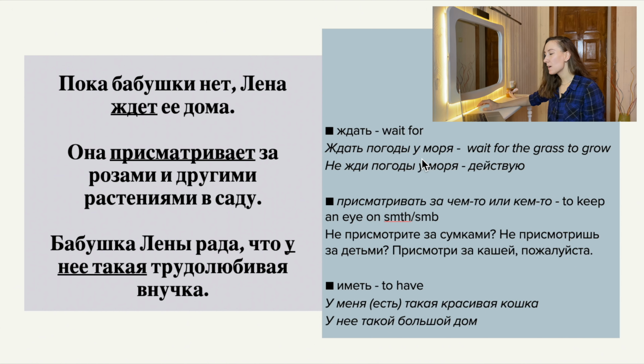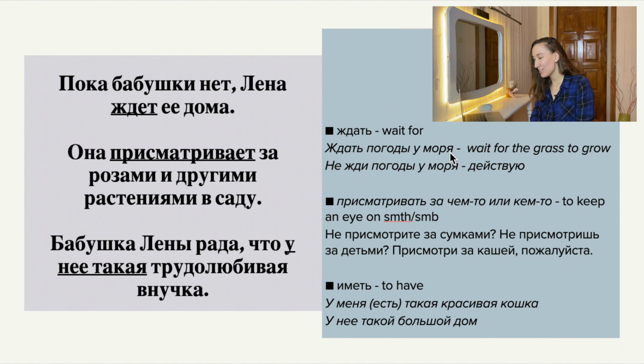We use this phrase ждать погоды у моря when we want to talk about an action that will never happen without us taking steps toward it. Like in the situation when a person wants to find a job or wants to make his dream come true, but he never does anything for that.